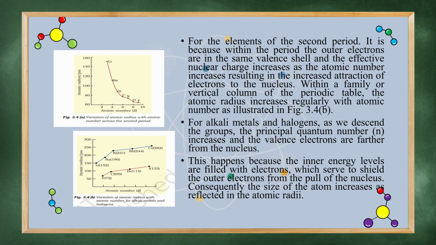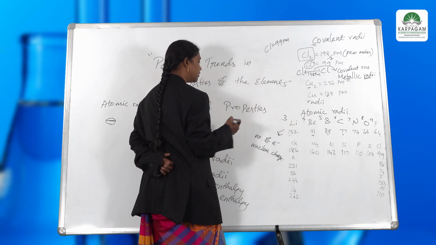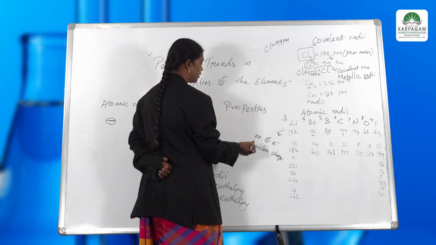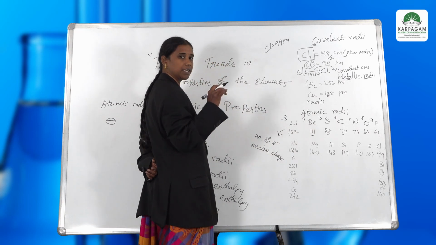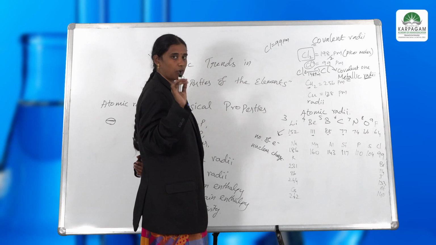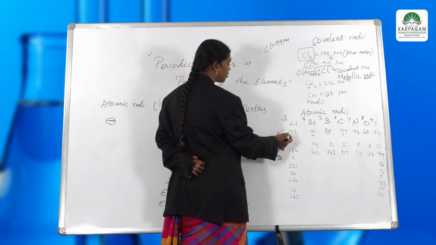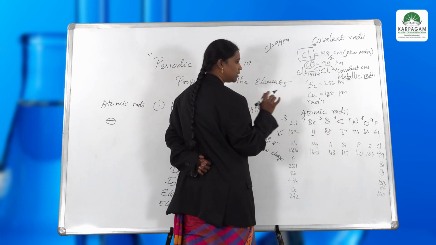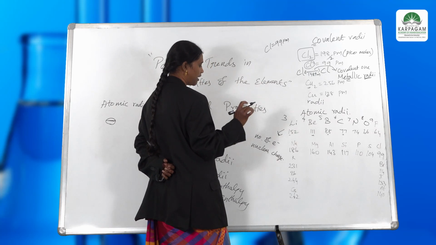Here two properties influence this: the number of electrons and the nuclear charge. The electrons are filled in the same valence shell, so the shell does not increase. The electrons are increased in the same energy level and in the same shell.